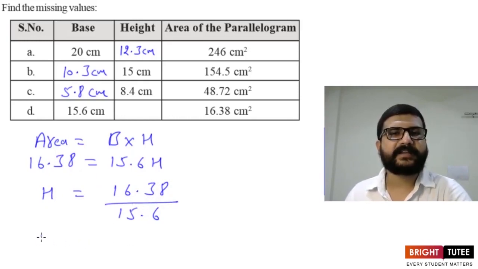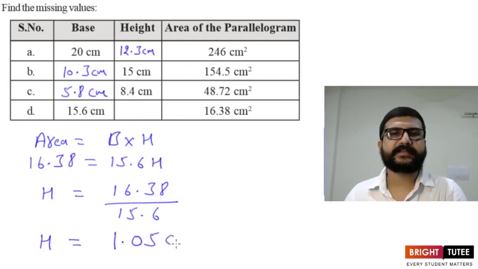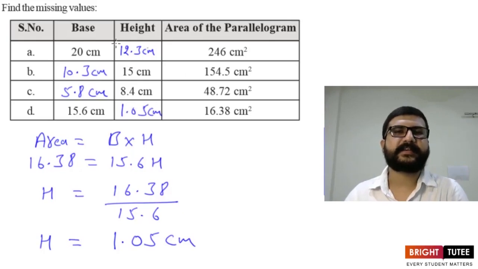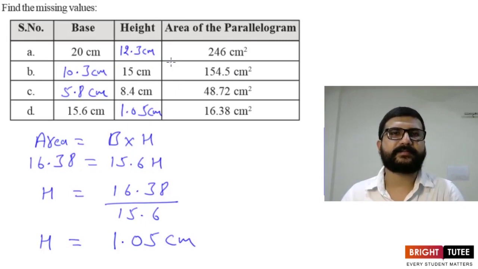So by dividing them we will get the final value of h as 1.05 centimeters. So again we will write here in the table itself 1.05 centimeters. So we have completed this table now.